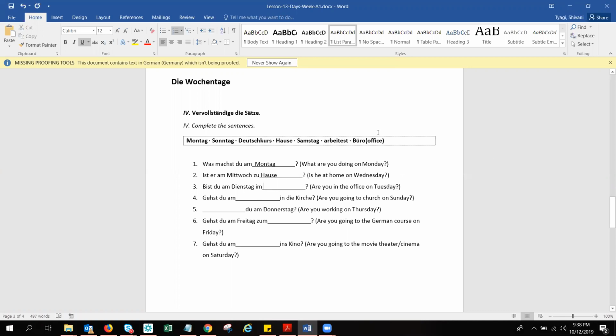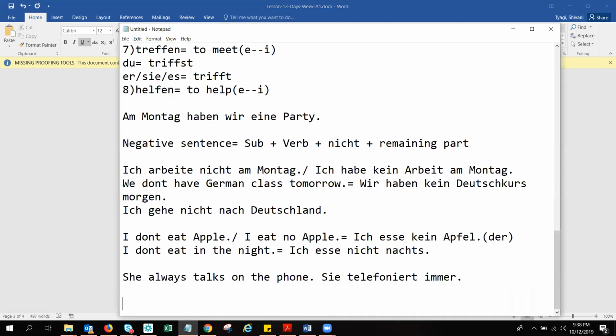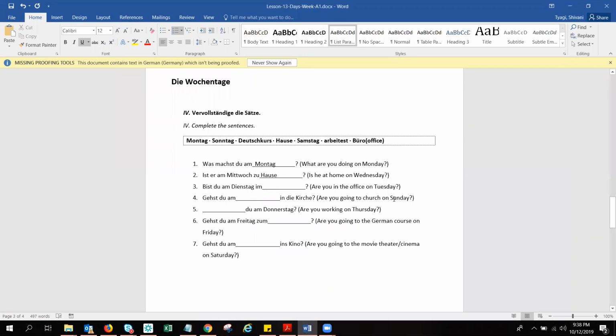Whenever you are using this Büro, and if you are saying I am in the office, im is further grammar. It's dative, so we will do that later. Ich bin im Büro. So in plus dem, that will be the dative.